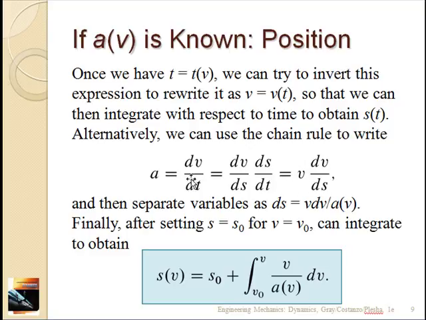So divide by a, multiply by ds. So ds is v dv over a of v. If our initial position is s naught for v equals v naught, then we can integrate this to obtain position. So s of v is s naught plus the integral from v naught to v of v dv over a of v.